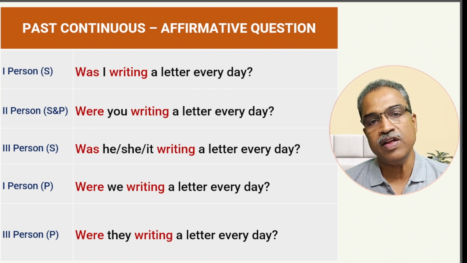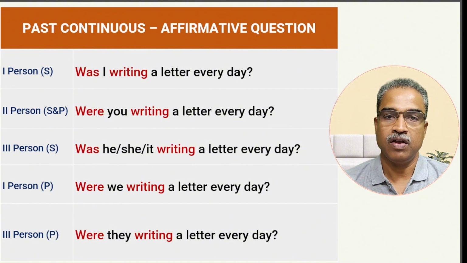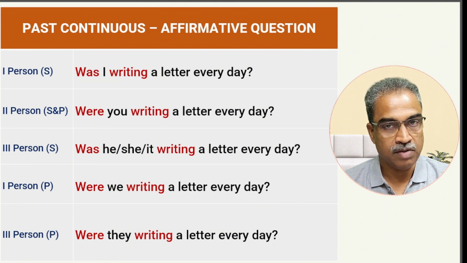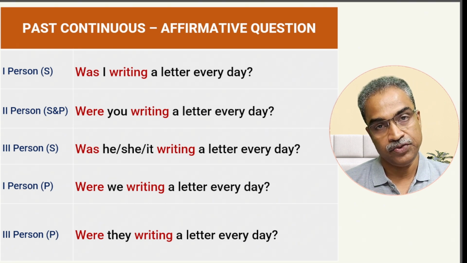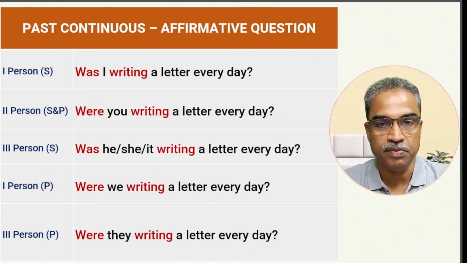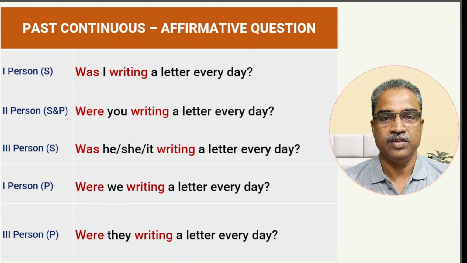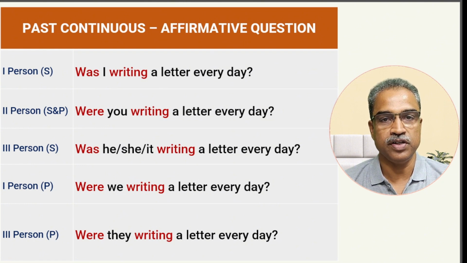Both the auxiliary and the main verb will keep changing their forms according to the subject. The subject could be singular or plural. Accordingly, there can be changes. And then the subject could be first person, second person, or third person. Accordingly, you will also have to make changes.